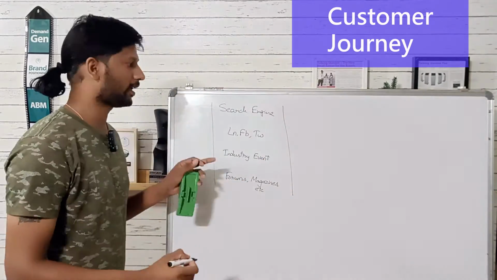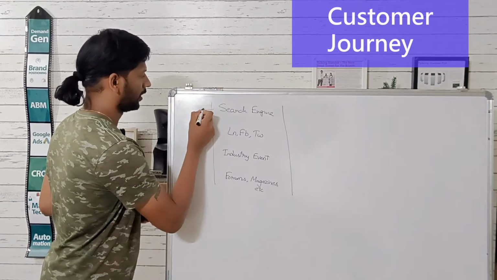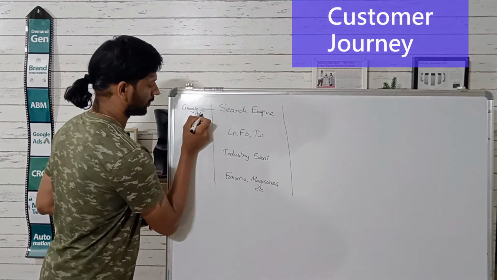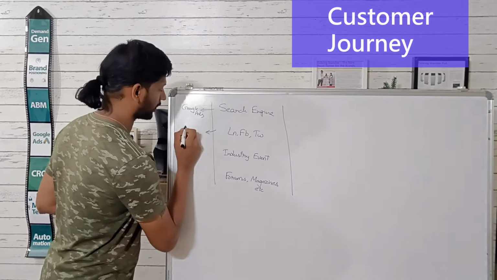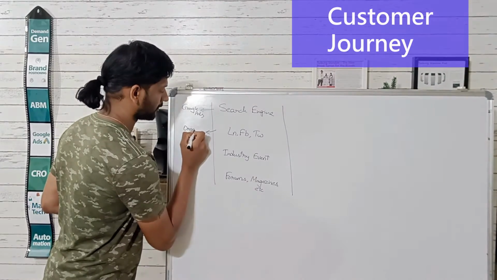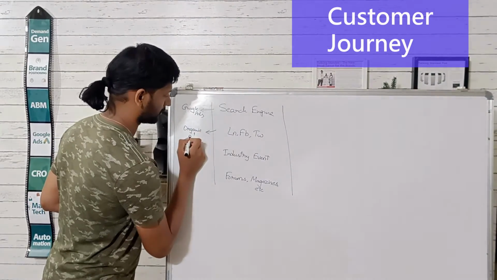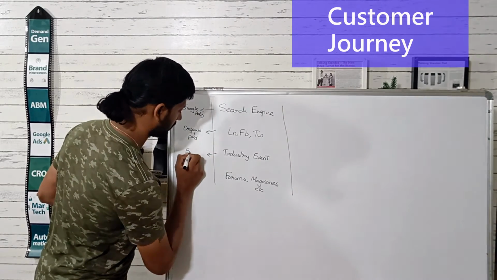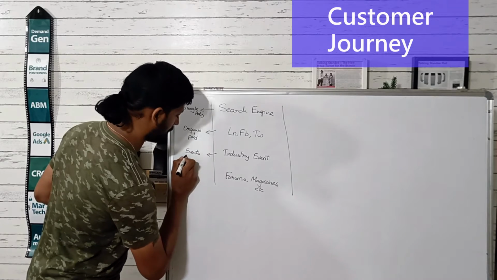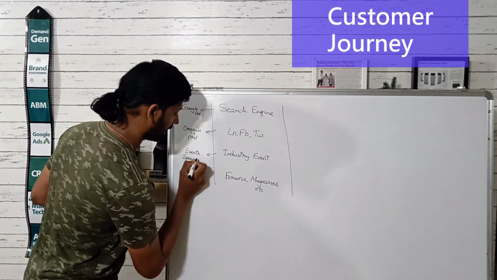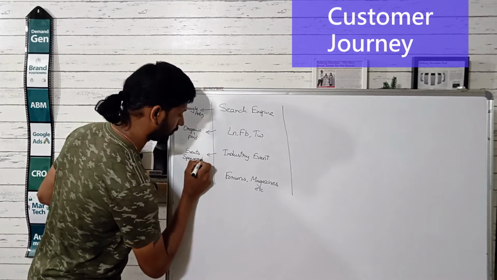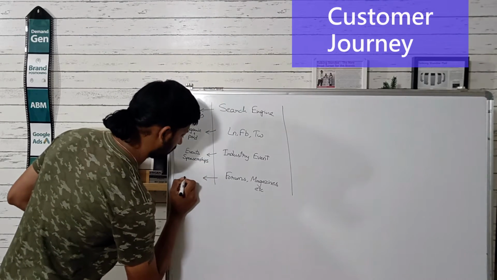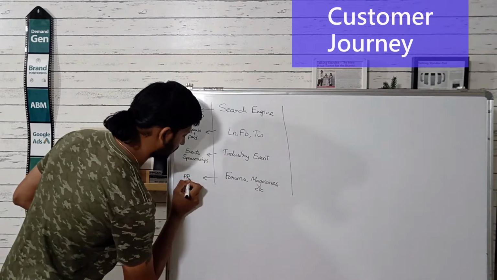Okay. Now you can use Google Ads, or organic and paid campaigns, or events, be it sponsorship, or you can conduct events on your own, or you can do PR.